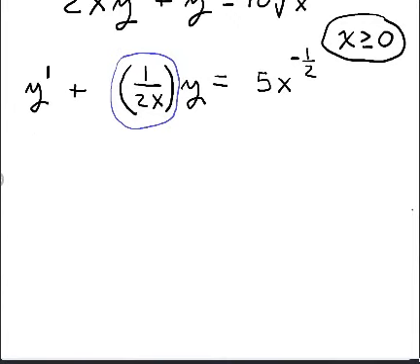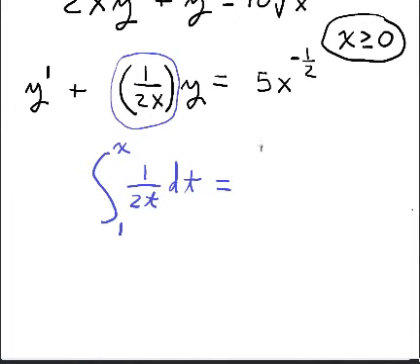I'm going to find a definite integral of it, from 1 to x, of 1 over 2t dt.